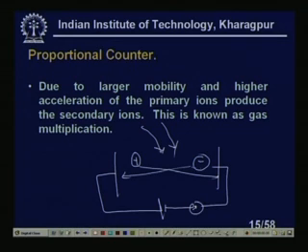These are the secondary ions, because the primary ions are due to the incident rays, whereas the secondary ions are produced when the ions move due to the electric potential on both sides.